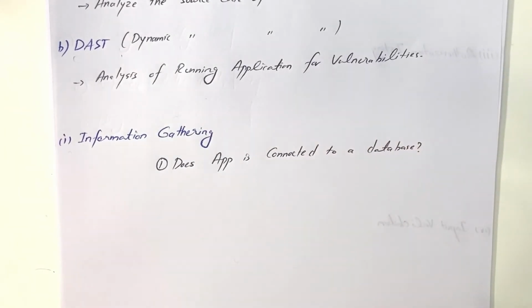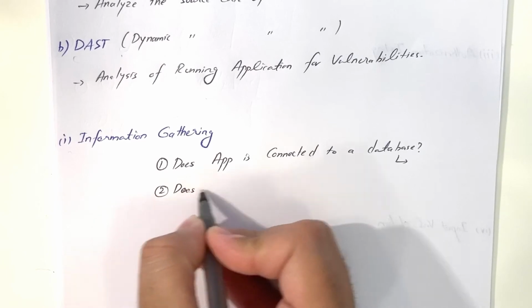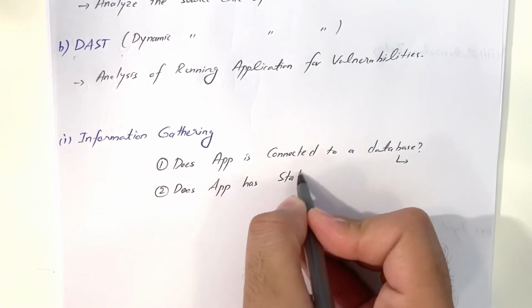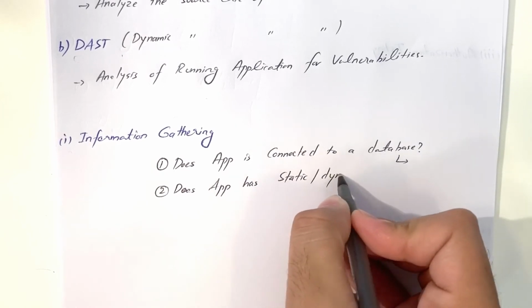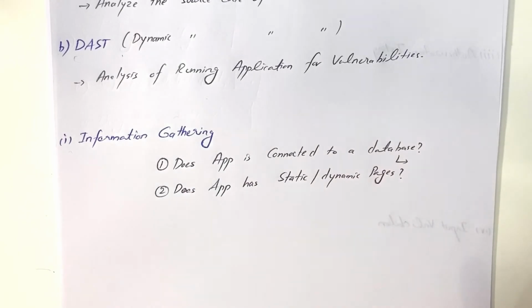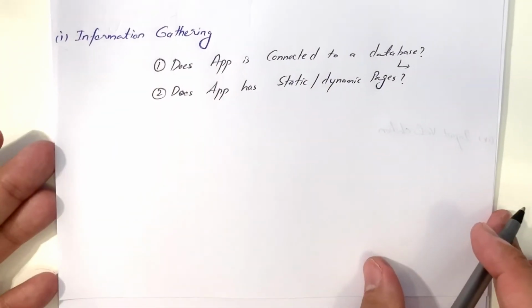If it is connected with a database, what kind of database is it? Number two, does the app have static or dynamic pages? This is the second piece of information that we find out about the application.